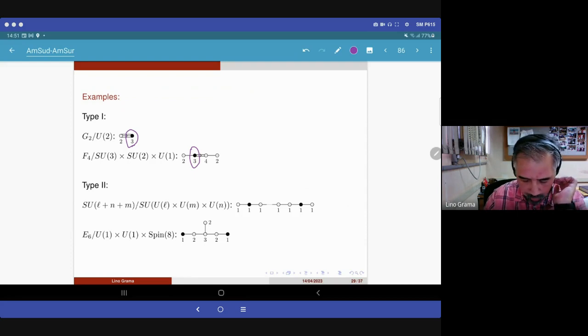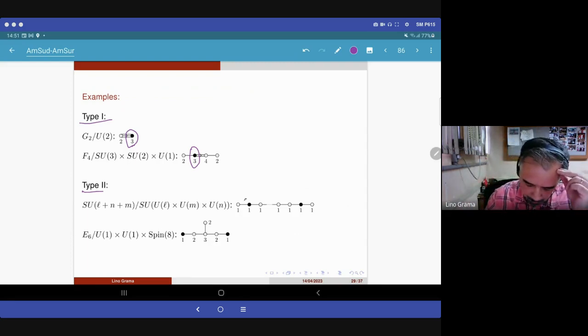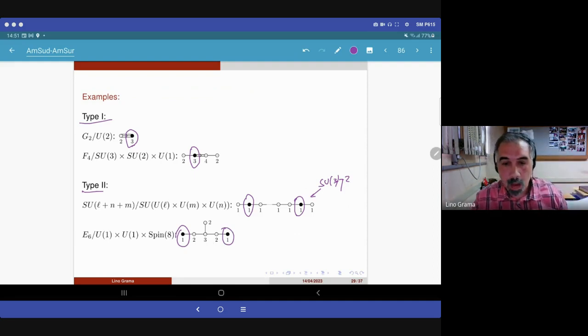This is type 1, but for type 2, you need to pick two roots with height 1, like this. For instance, the Wallach manifold SU3 over T2 belongs to this family. Or you have some exceptional examples here. Again, this is classified by Kimura.